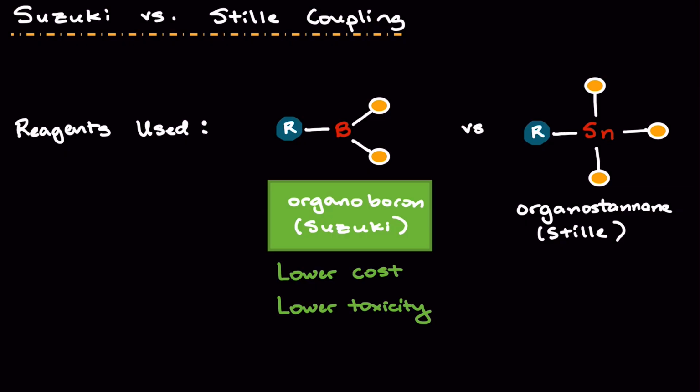With respect to our reagents we're using, our Suzuki reagents does introduce advantages. One, it is cheaper to acquire and buy organoboron compounds over organostannane. It also has lower toxicity, and so there's a little bit of a health and safety and environmental benefit of using our organoboron over an organostannane.